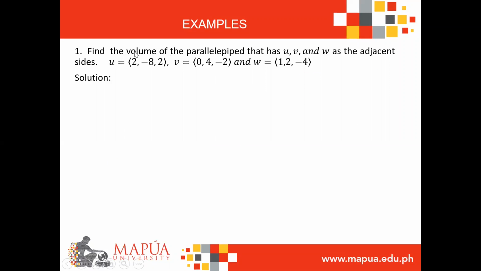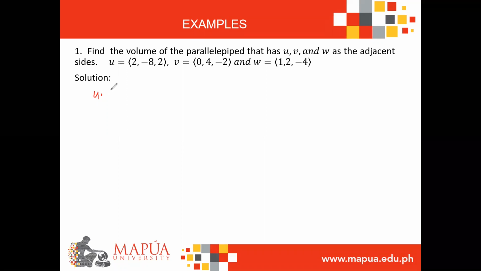Let us have the following examples to apply the scalar triple product. Find the volume of the parallelepiped that has u, v, and w as the adjacent sides. We have vector u equals 2, negative 8, 2, vector v equals 0, 4, negative 2, and w equals 1, 2, negative 4. So in defining the volume of the parallelepiped, we perform the scalar triple product.